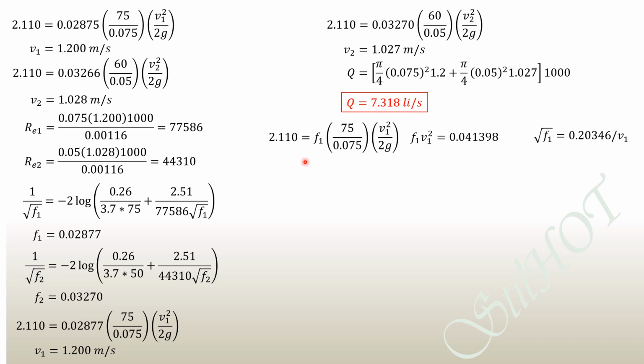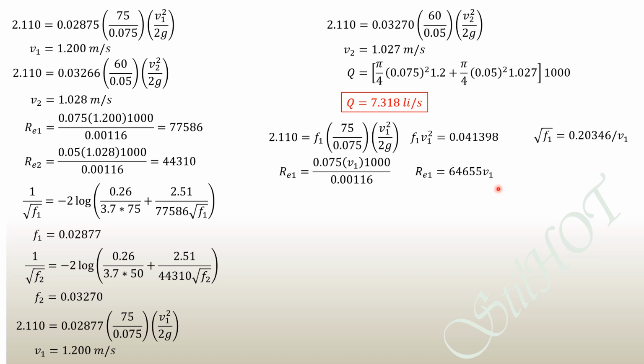Likewise, Reynolds number 1, which is diameter times mean velocity of flow times 1000 over 0.00116, so the Reynolds number of pipe 1 is 64655 times V1.